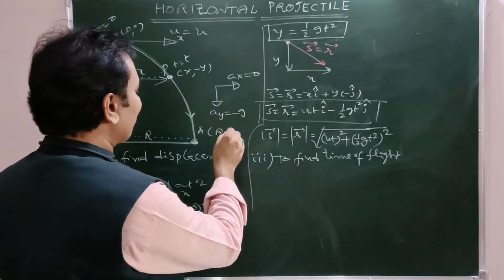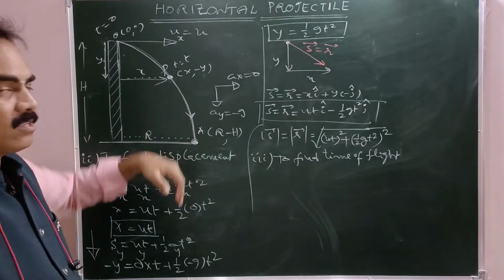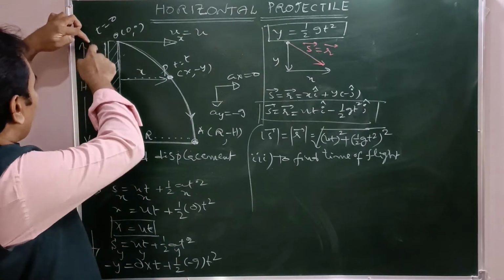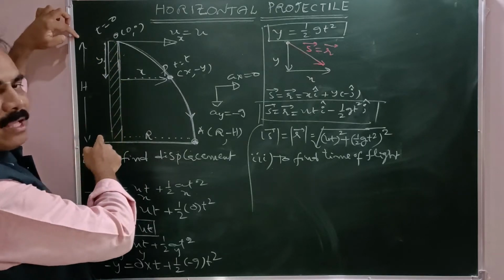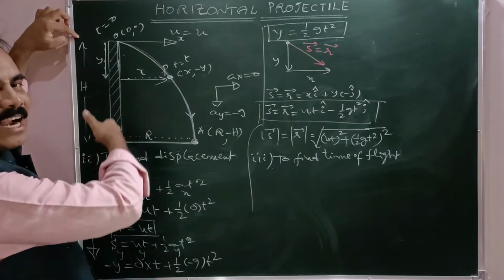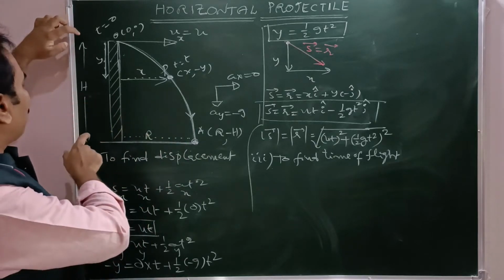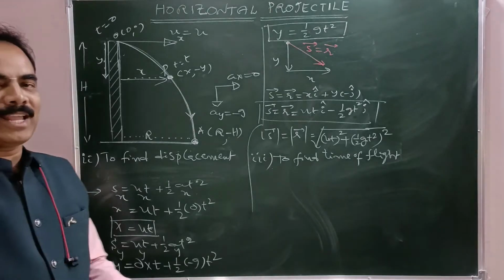So here it is R comma minus h, right? In the entire flight, what is the vertical displacement covered? Minus h. Along vertical, the body clears the entire height of the tower on reaching the ground. So h with negative sign becomes the vertical displacement covered. Why take the negative sign?